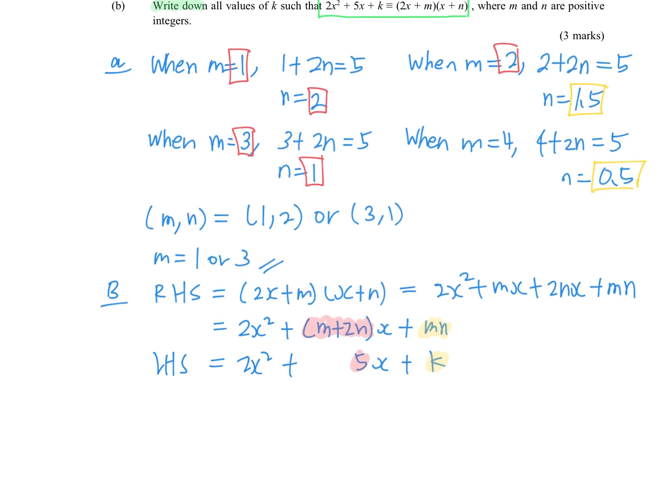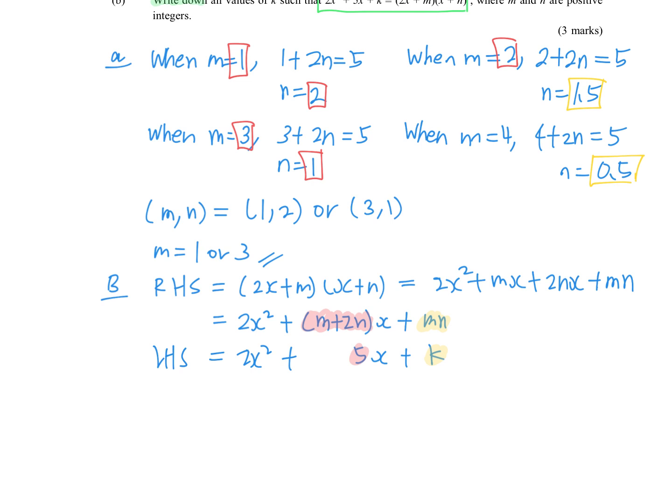We can make use of the answer from part A. So k equals mn, and we try to make use of the ordered pairs in part A. That would be either 1 times 2 or 3 times 1. So k can either be 2 or 3.